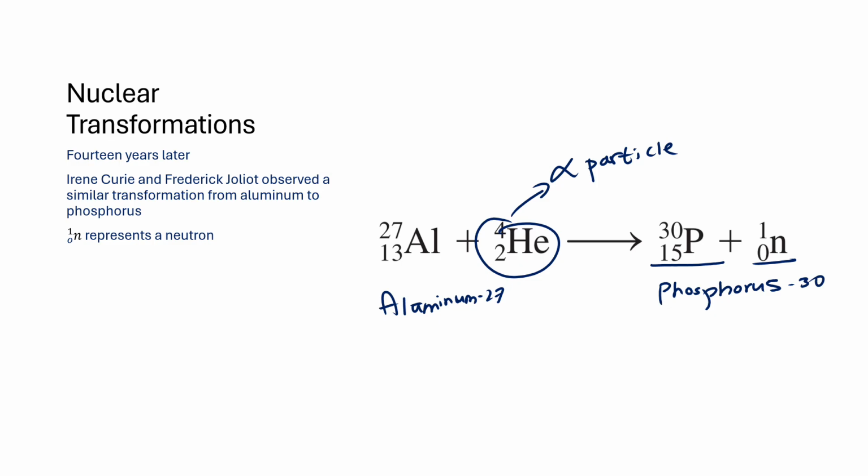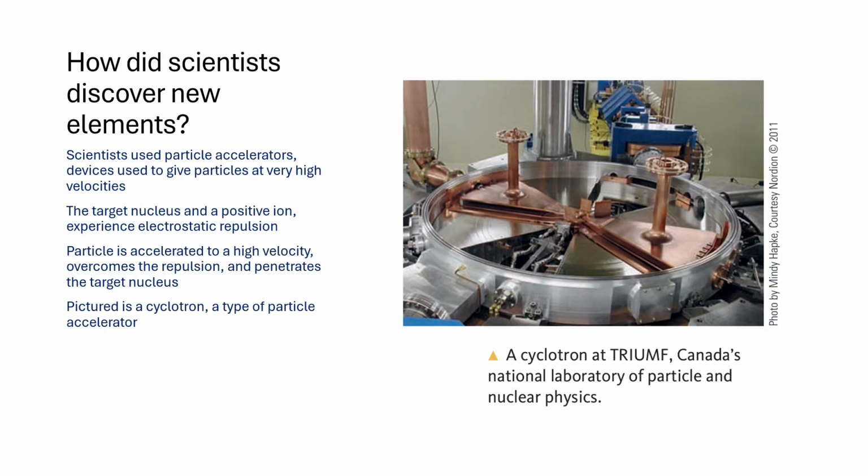Many other nuclear transformations have been achieved using something called a particle accelerator. This is one way scientists discover new elements. Before, in the early 2000s, the periodic table actually wasn't filled up yet. We knew other elements were going to be discovered, but we didn't know when.